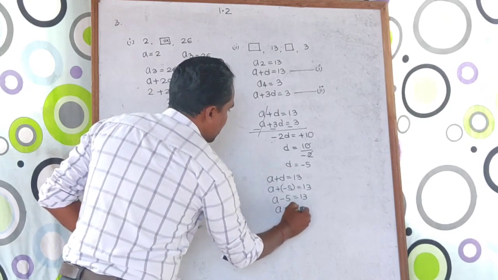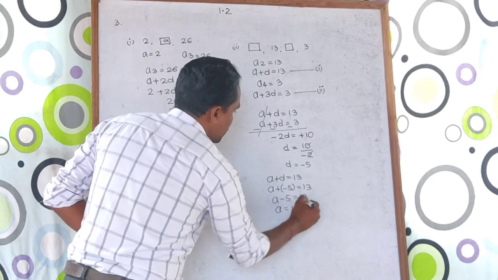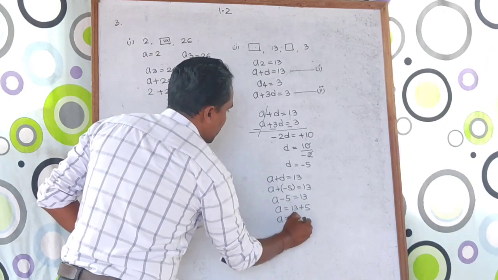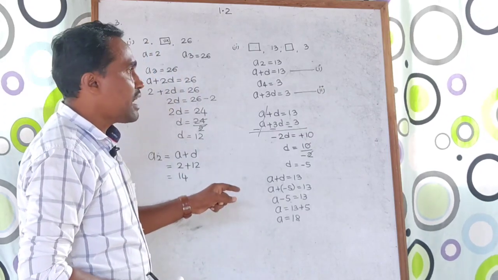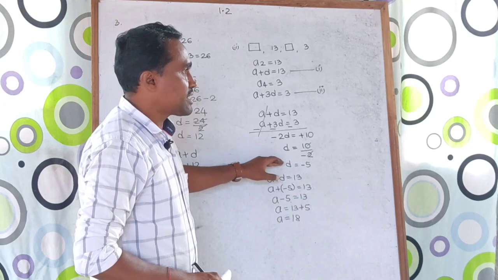A equal to 13, take minus 5, it will become plus 5. A equal to 18. So the first term is 18 and the common difference is minus 5.